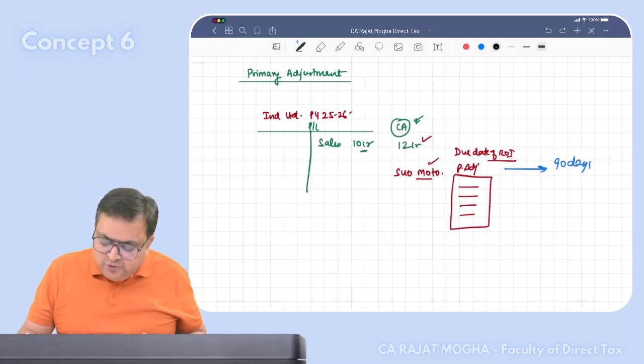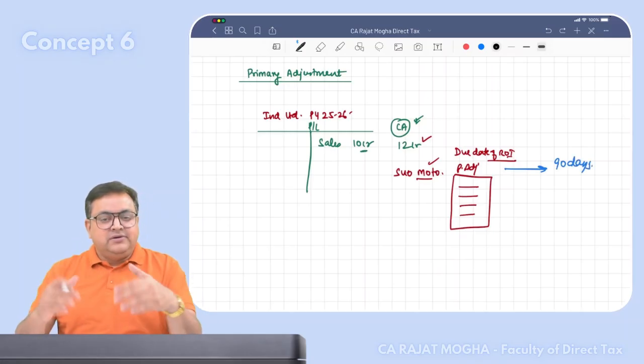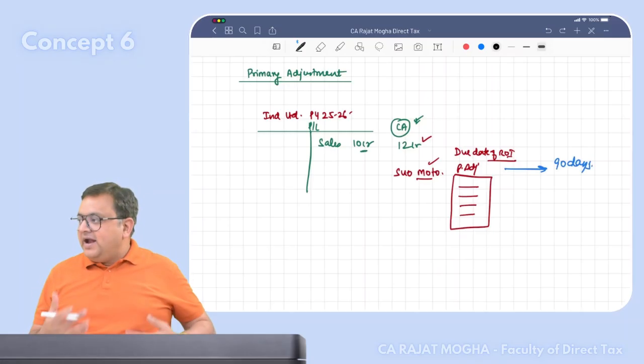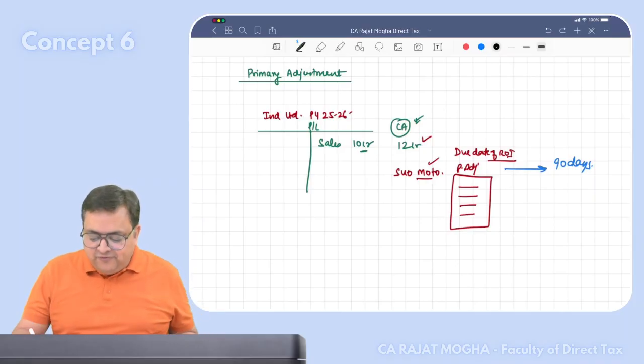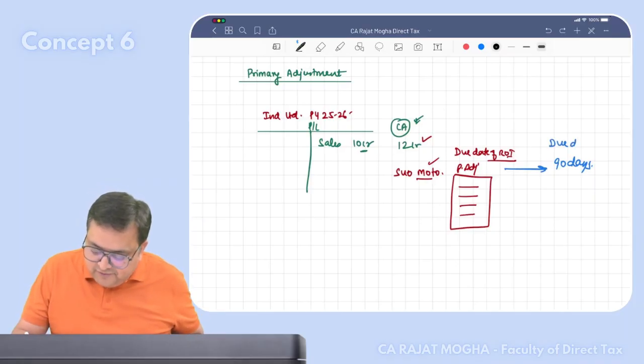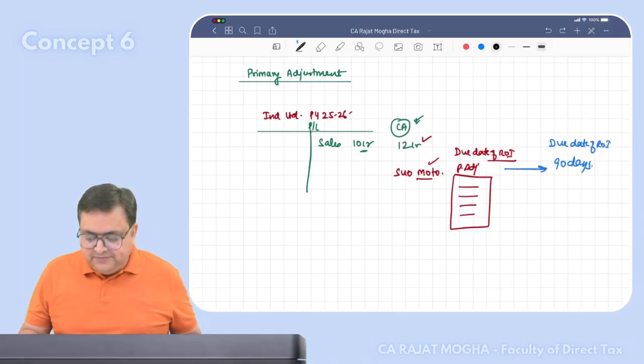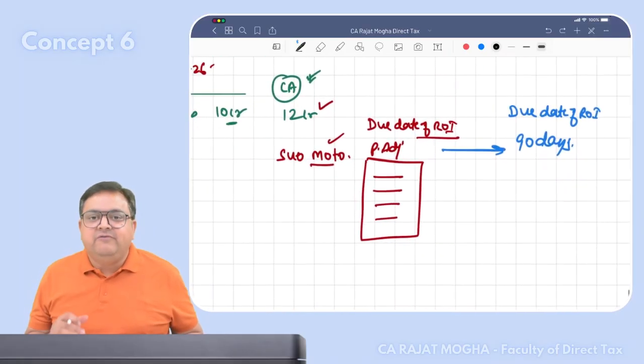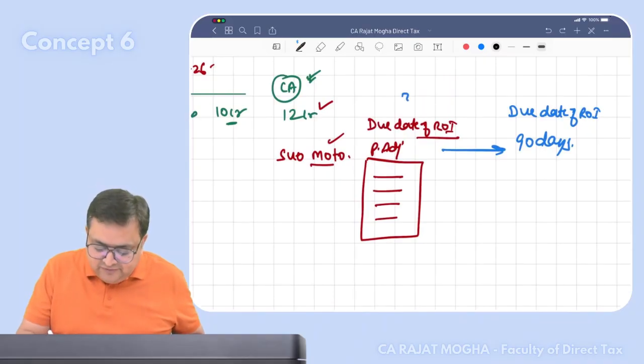Guys, please tell me, don't learn, try yourself: from where will we calculate the 90 days? From the due date of ROI. From the due date of ROI, we will calculate your 90 days. And let's say, for example, your due date of ROI is 30th November 2026.